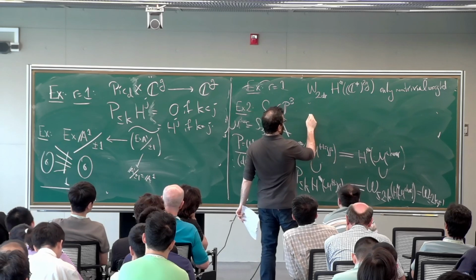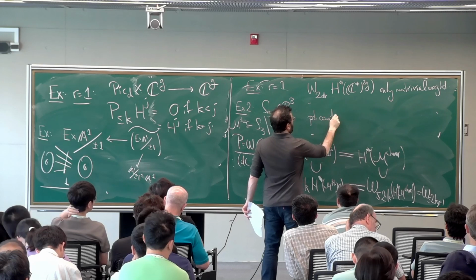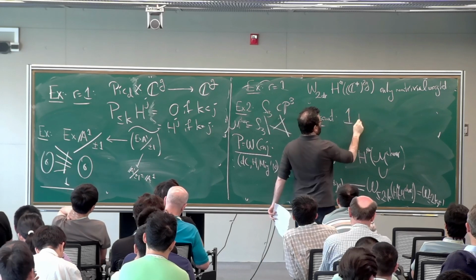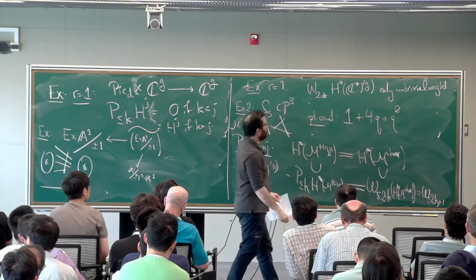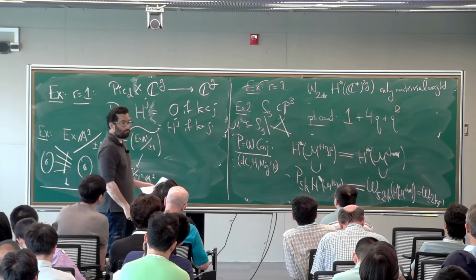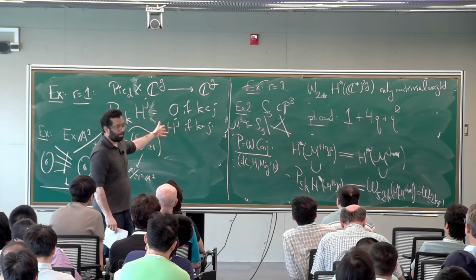And so if I do the point count, I get 1 plus 4q plus q squared. Yeah, this is really like rank 2 with like maybe parabolic or something.